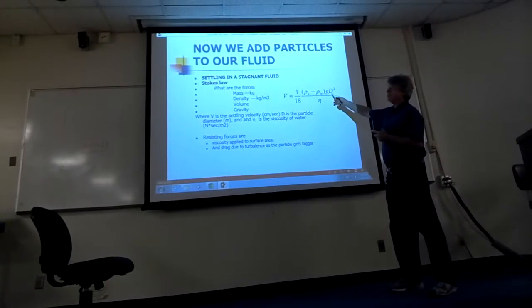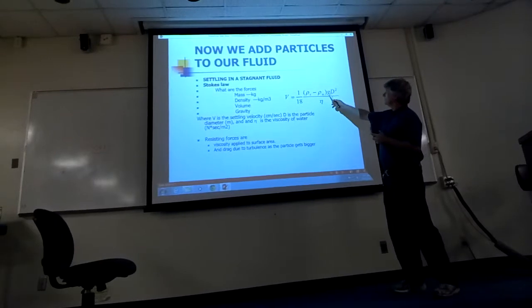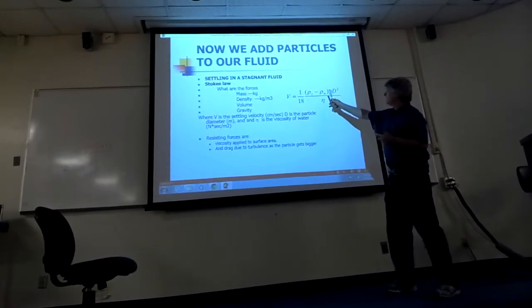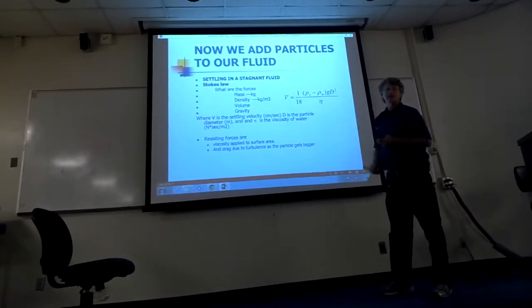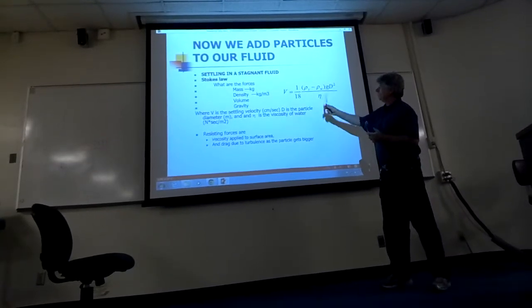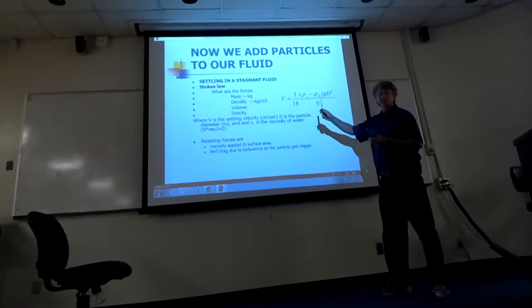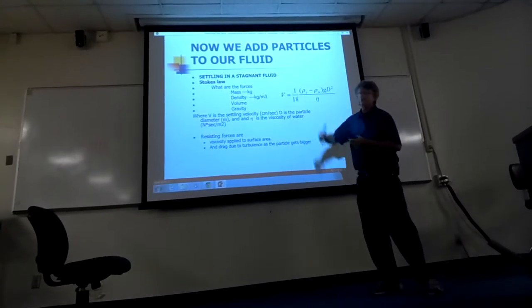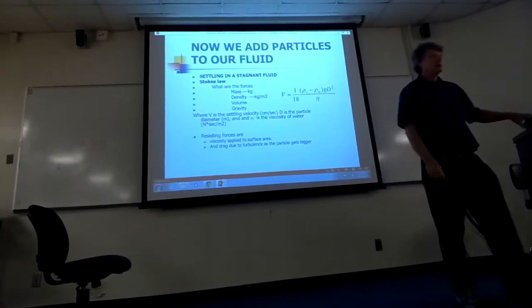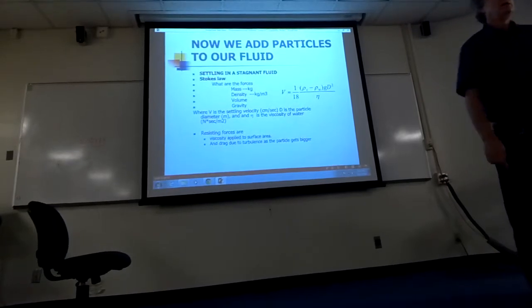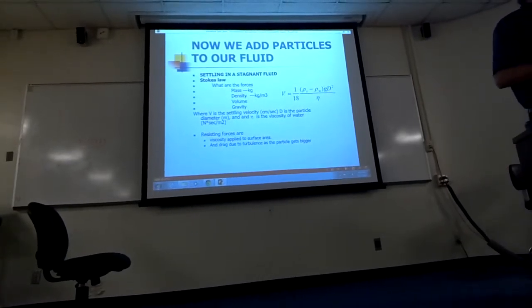So you've got to start with the tiny number squared times 9.8 times 1,700, divided by 1.06 times 10 to the minus 3rd, divided by 18. About 4 times 10 to the negative 6.